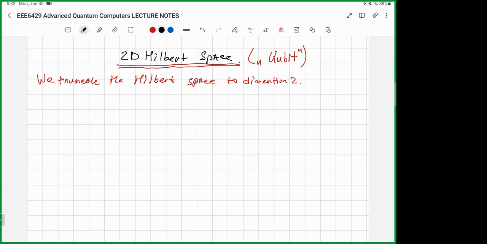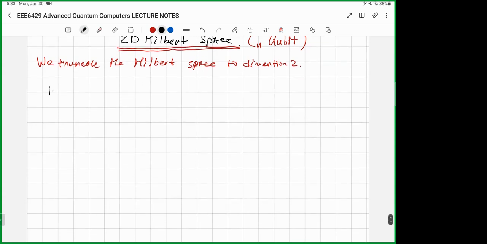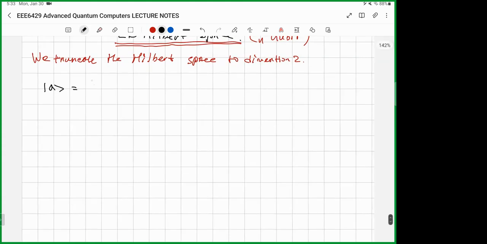So in the two-dimensional Hilbert space, any vector in this space has two components. For example, vector A has components A1, A2, and the corresponding bra vector is the Hermitian conjugation of the ket vector, right?